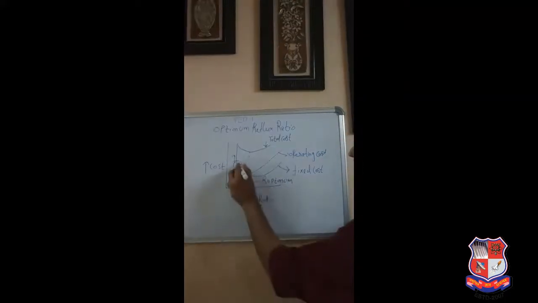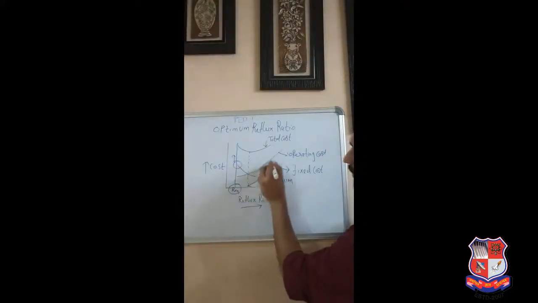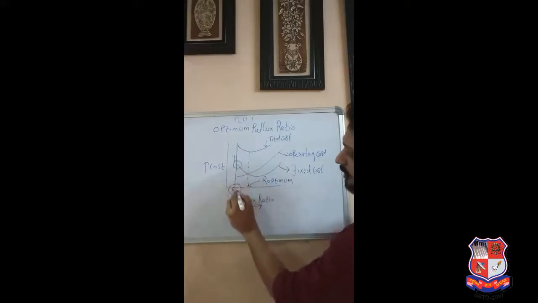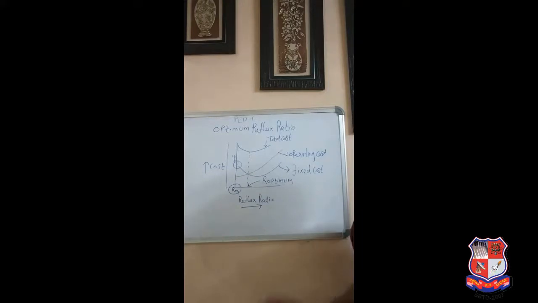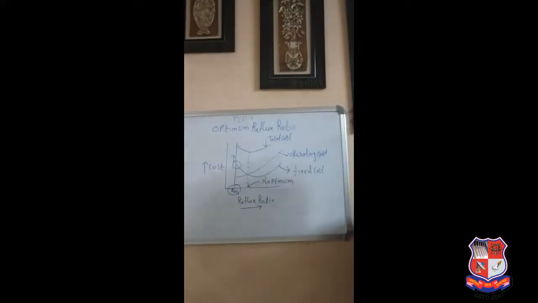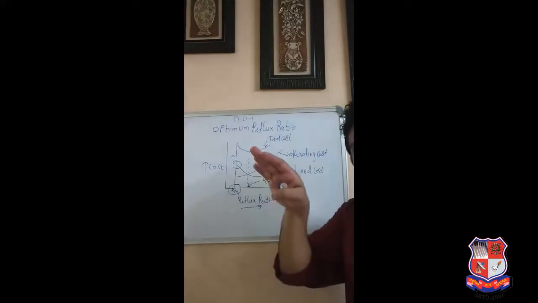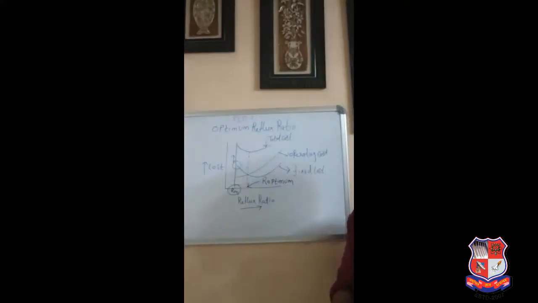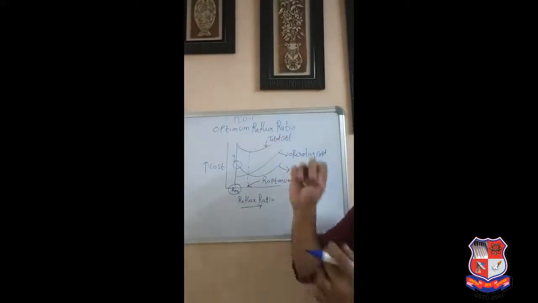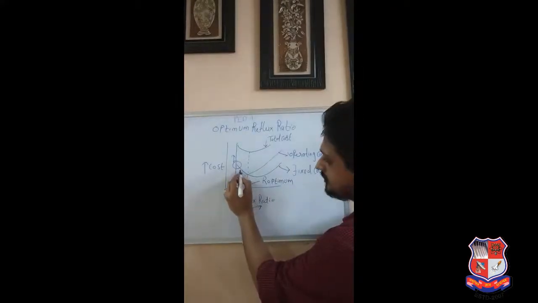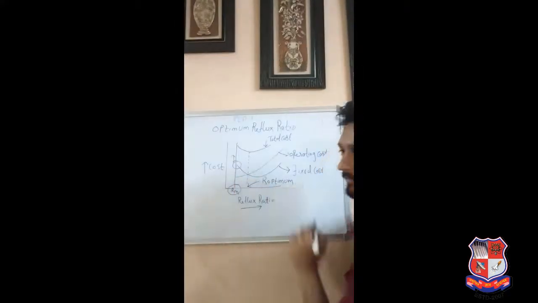See, this is the fixed cost line and this is the operating cost line. So when you are operating your column under minimum reflux ratio, your fixed cost is very high. Now as you increase your reflux ratio, the number of trays required decreases. So the height of the column decreases, so the fixed cost you see is decreasing.